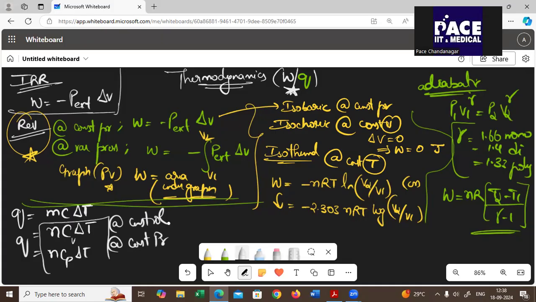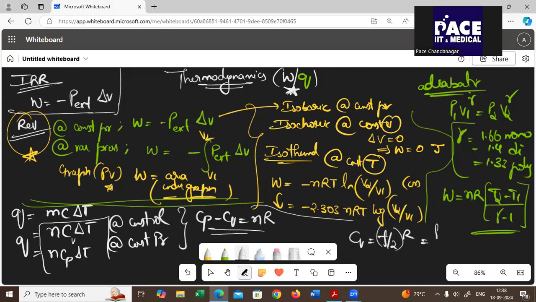Now, what is the relation between your Cp and Cv? Cp minus Cv is equal to nR, where n stands for the number of moles, times R. Cp minus Cv is equal to nR and Cv is equal to f by 2 times R. Here f is the degree of freedom, which equals 3 for monoatomic, 5 for diatomic, and 6 for polyatomic.